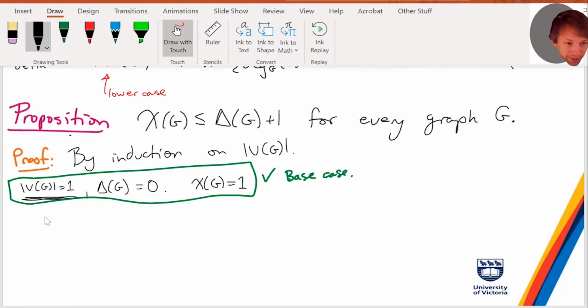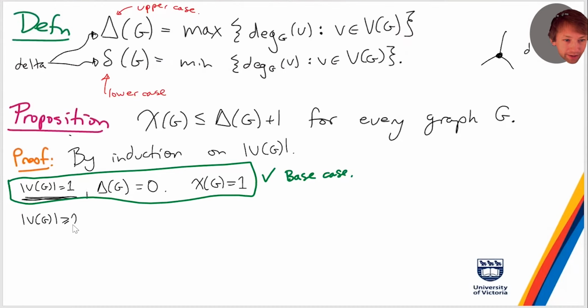Now suppose that the number of vertices in G is at least 2. Let V be any vertex of G. We want to use induction, so we need to go to a graph which has a smaller number of vertices and apply the inductive hypothesis. Is it clear what my inductive hypothesis is? The inductive hypothesis is that every smaller graph satisfies the inequality.